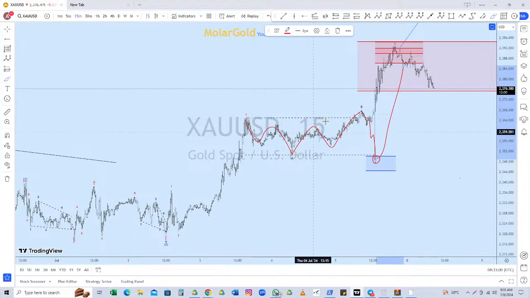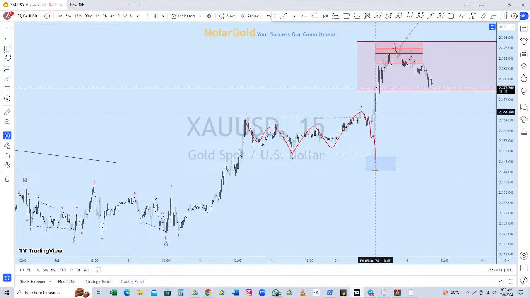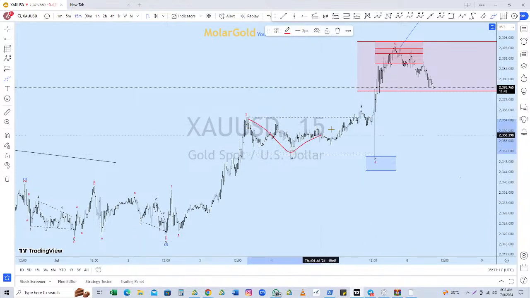Then this will give us an expanded flat, higher degree with A, higher degree with B, and this with C. So this actually becomes an expanded flat. We made that adjustment to the wave count. This is A, that is B, and these are C, and that's perfectly correct.